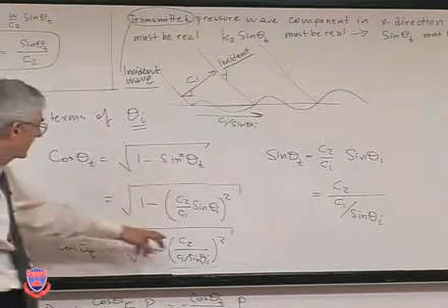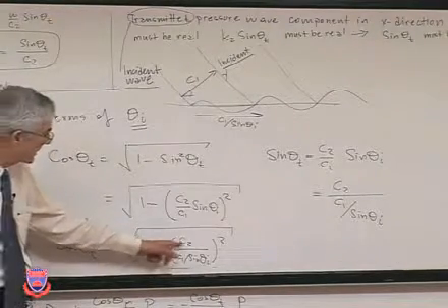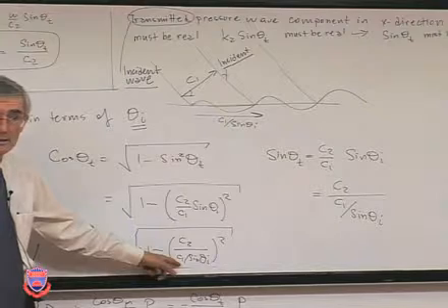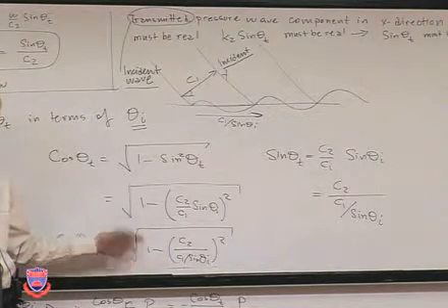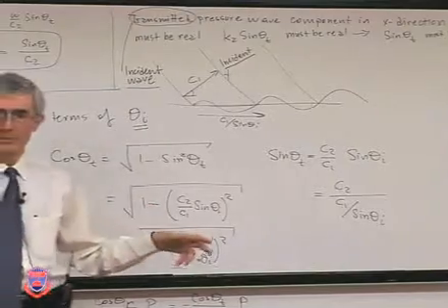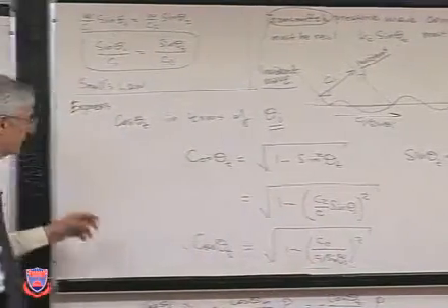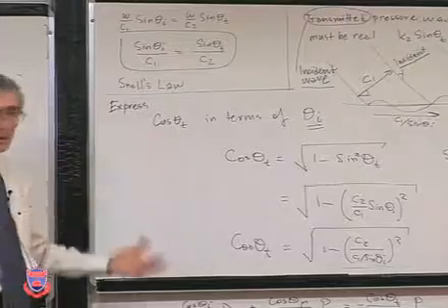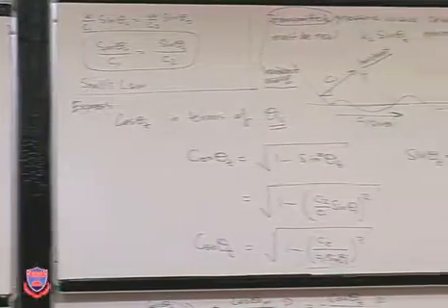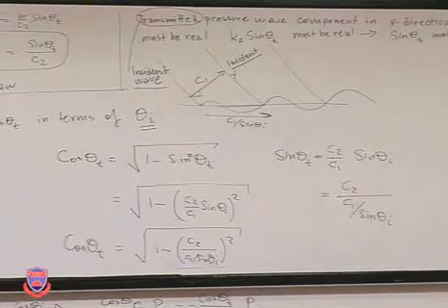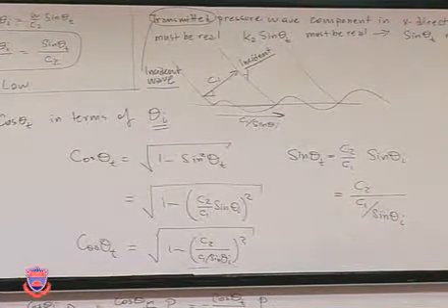You can see here, if this is larger than one, this is going to become an imaginary number. And we'll see what that means when it becomes imaginary. When the speed of sound becomes imaginary, then it's not going anywhere. Let me leave this.